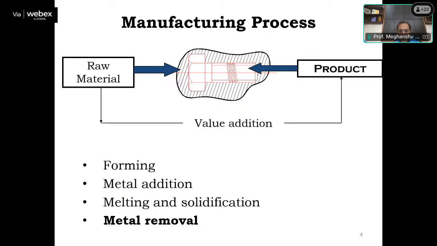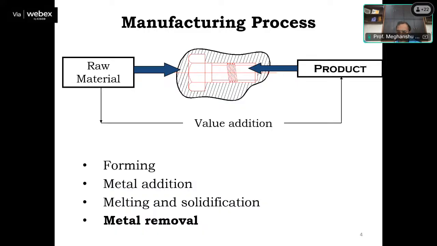These popular methods are the forming method, which is the plastic deformation category; material addition, which changes the shape and dimension of the component by adding material, like welding, brazing, soldering, and even electroplating; and melting and solidification, another classification. In casting, you have seen shape conversion or manufacturing of a product by melting and solidification phenomenon.